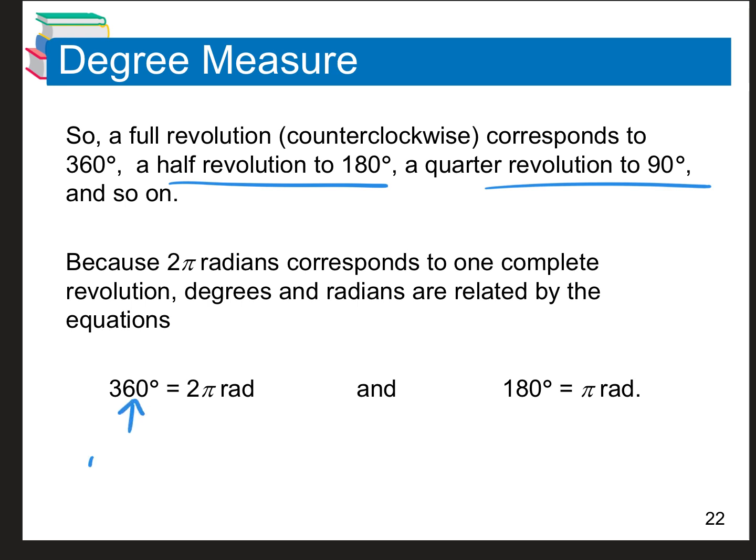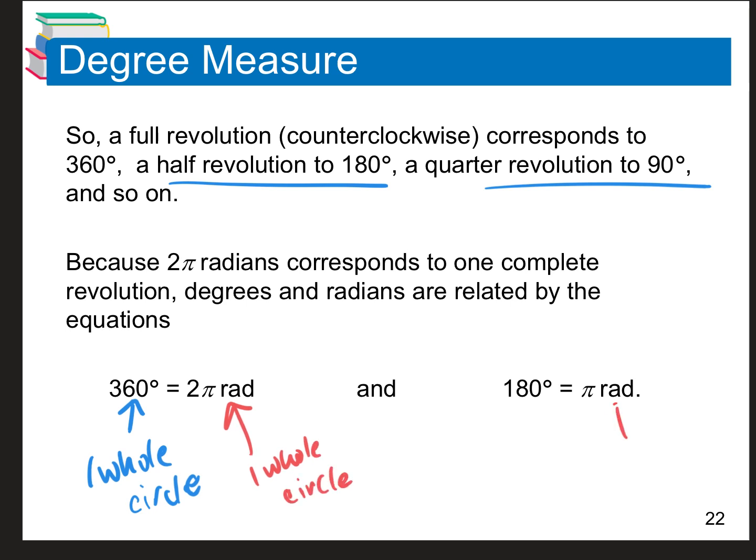360 degrees is one whole circle. And then we need to understand that one whole circle is 360 degrees. Well, one whole circle is also how many? 2 pi radians.